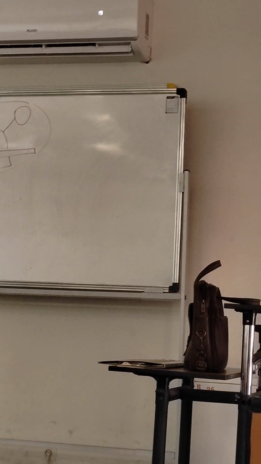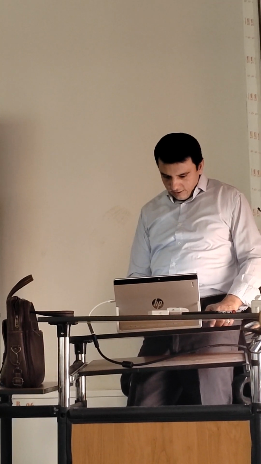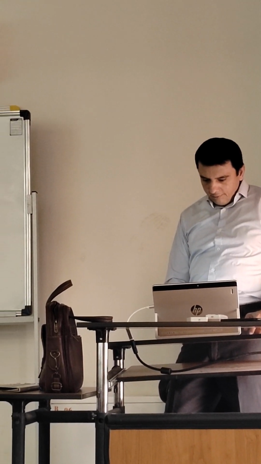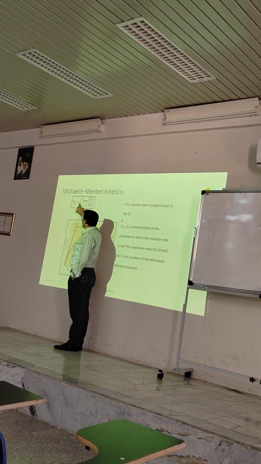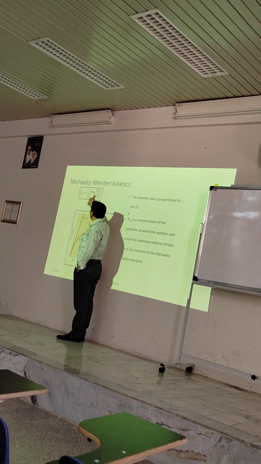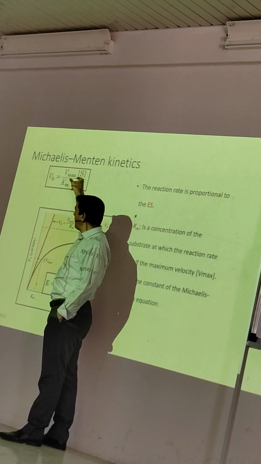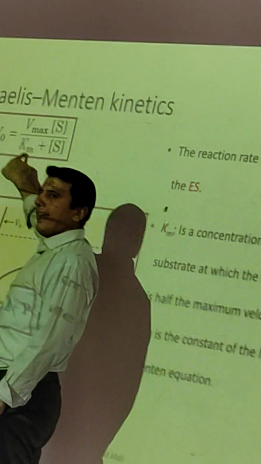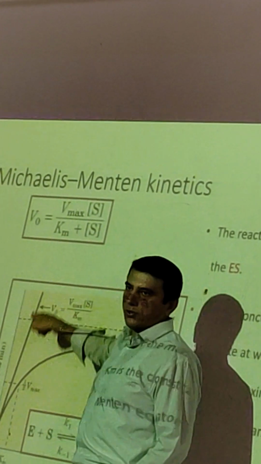We have a formula for this explanation. The formula of the Michaelis-Menten curve is this: V0 is equal to Vmax multiplied by the concentration of S, meaning substrate, divided by Km plus S, or substrate.